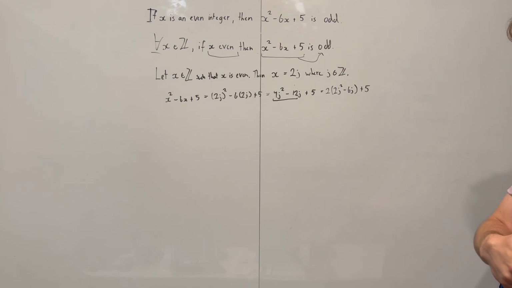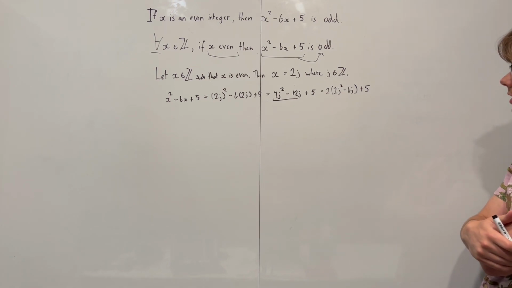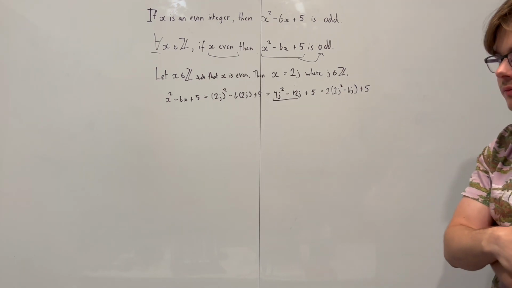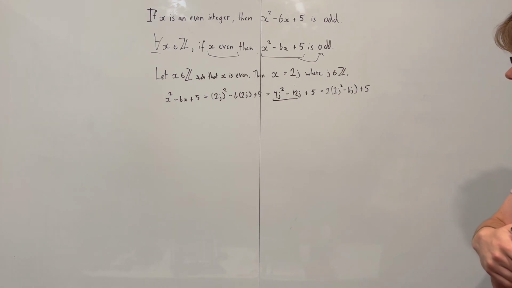How can we get it to look like an odd number that we know? We could just split 5 up, I'm thinking, into maybe something like 4 plus 1, and then make 4 into an even number.